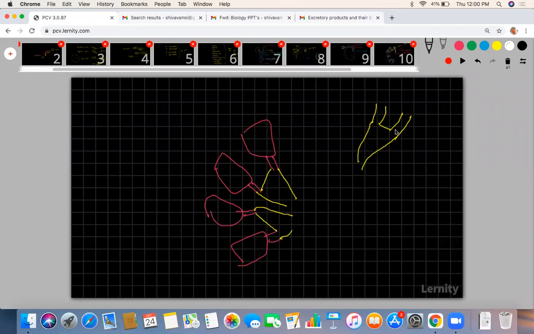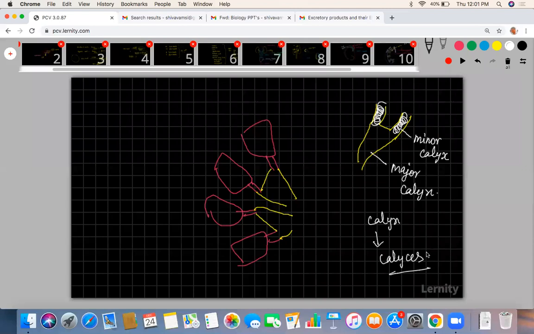This region is called as what? This region is called as what? Minor calyx. This region is called as a major calyx. Calyx, calyces.